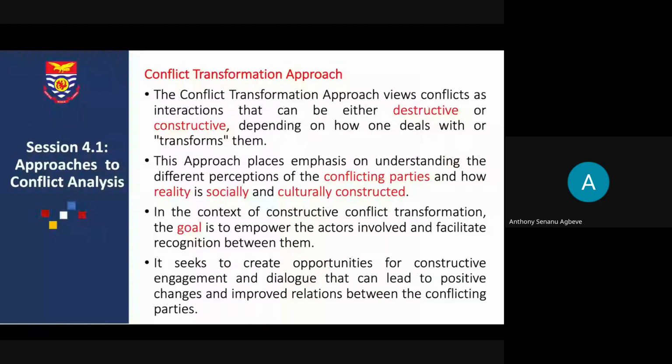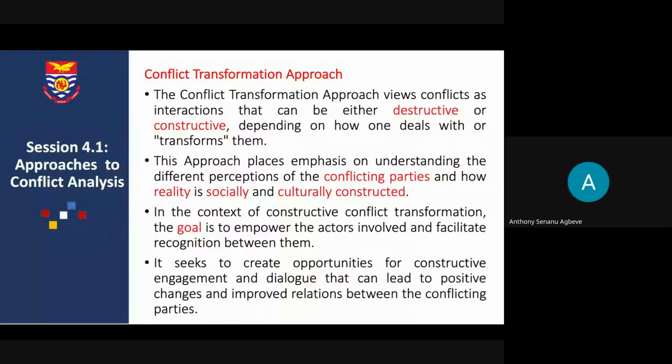So as a conflict expert using the transformative approach, you've listened to both parties and they've shared their perspectives regarding the issue, right? And then in order to deal with the conflict, maybe you suggest that the land in itself is a necessity.